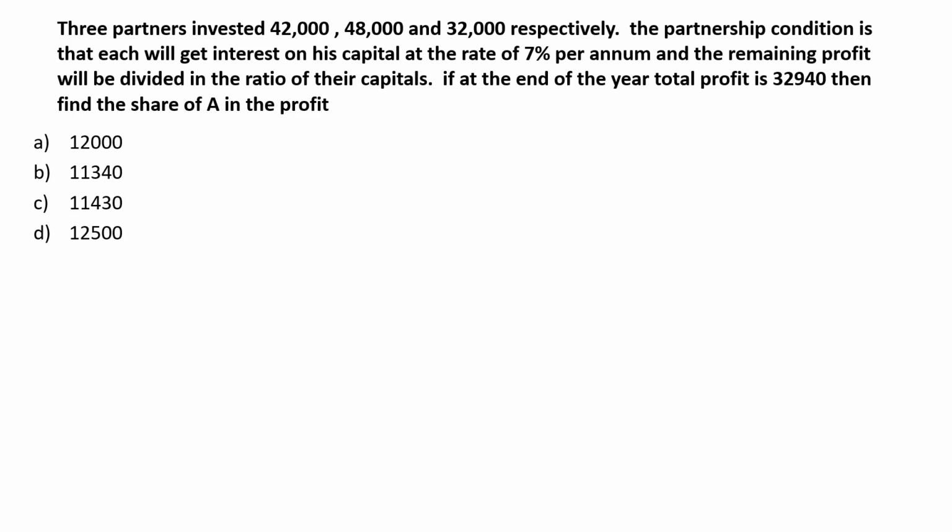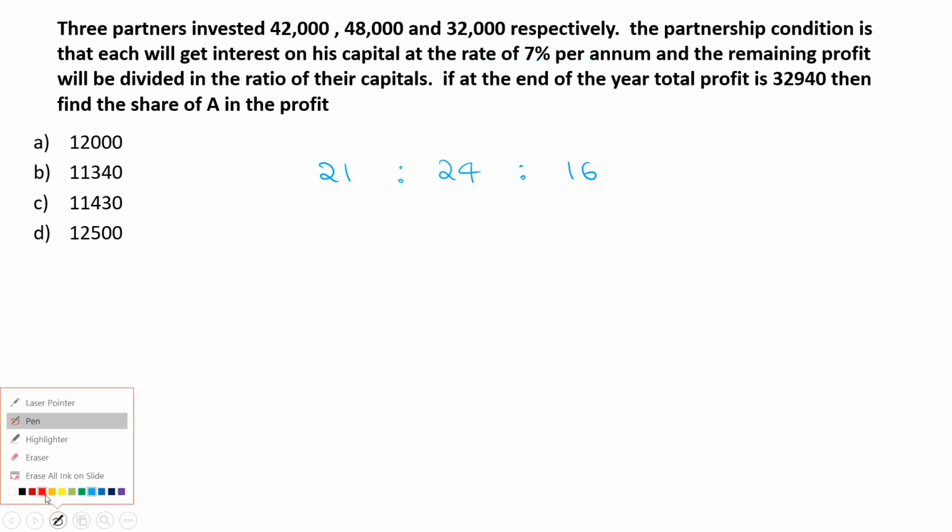There are 3 partners and their investments are 42,000, 48,000 and 32,000 respectively. The simplified ratio of their investments would be 21, 24 and 16. Every person gets 7% interest on their investment, and then the remaining profit is divided among them in the ratio of their capitals.